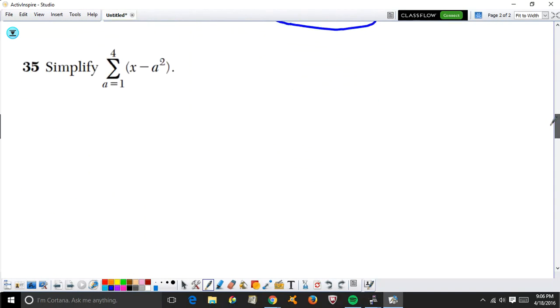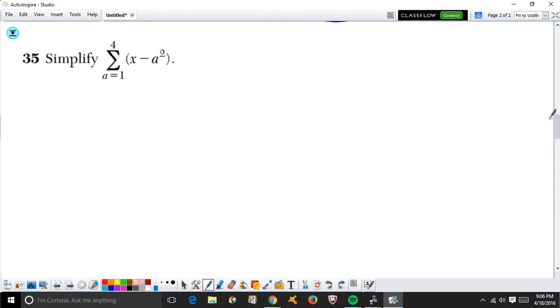So now we look at example 35. We want to simplify the following sigma notation. Remember that sigma notation means to sum up, and all we're doing is substituting these values for a, and for every substitution, we add it up from 1 all the way to 4.